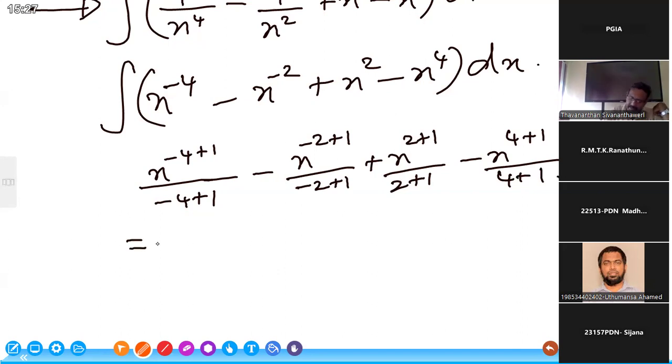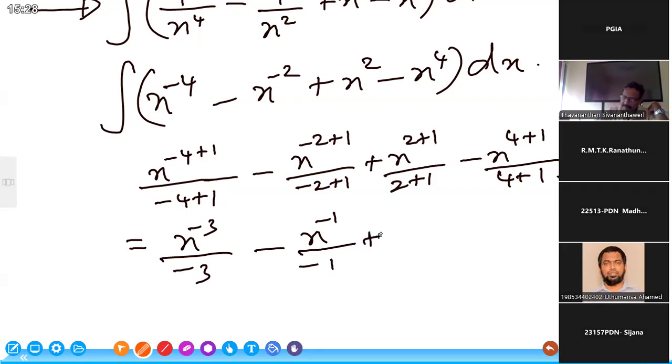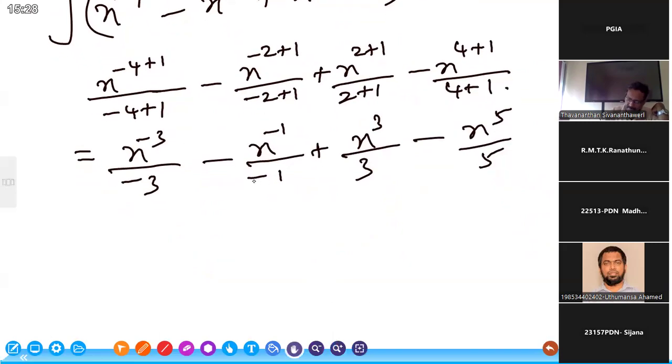All right, so that is equal to x to the power minus 3 by minus 3 minus x to the power minus 1 by minus 1 plus x to the power 3 by 3 minus x to the power 5 by 5.